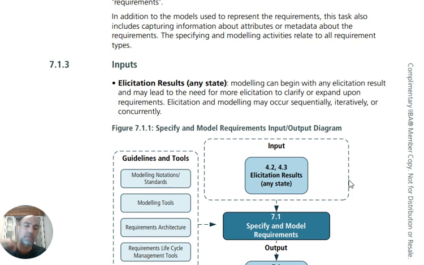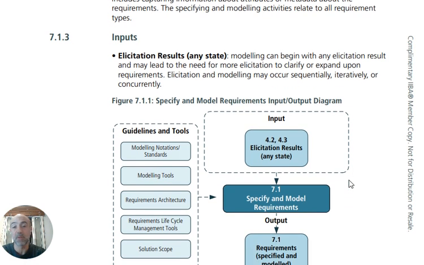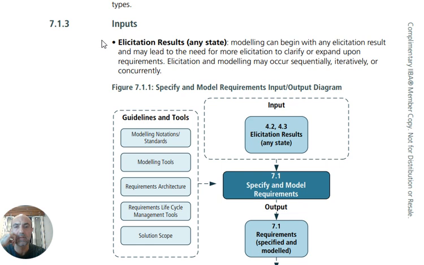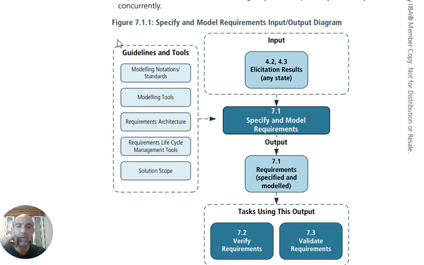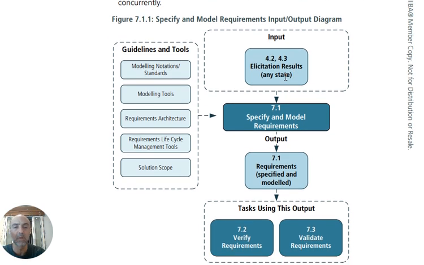And remember, one of the beautiful things about this book is that what you're seeing here is that graph, which is basically the flow. Here are the inputs that we're getting from the elicitation results, which we talked about in 4.2 and 4.3, these two chapters. And we're inputting them here at 7.1.